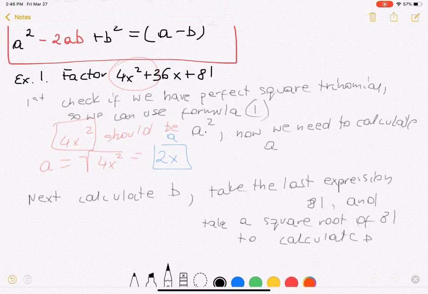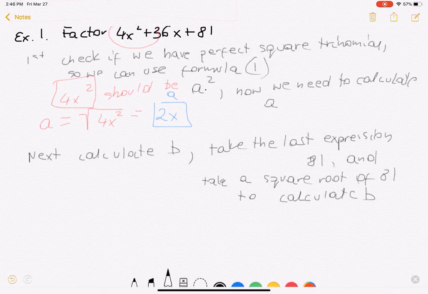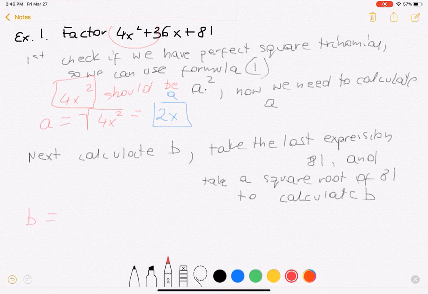So b is equal to the square root of 81, which is 9. So technically we're checking if we have perfect squares. That will be b.